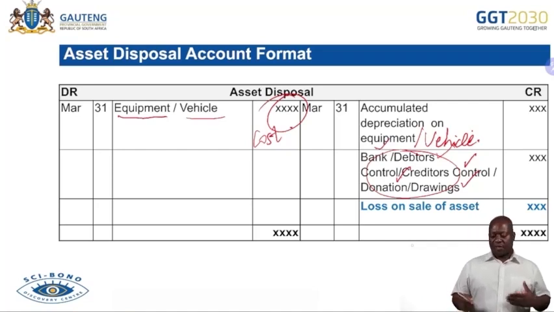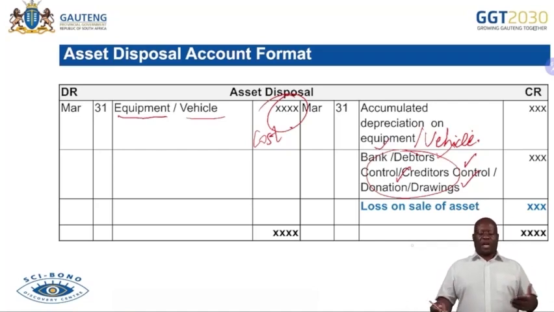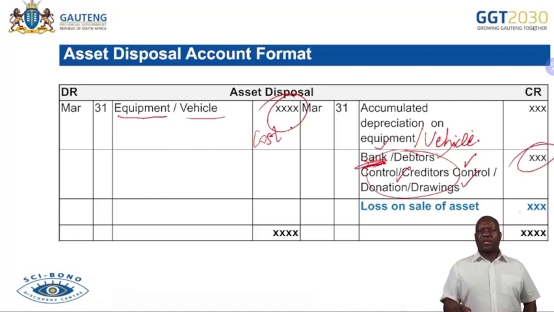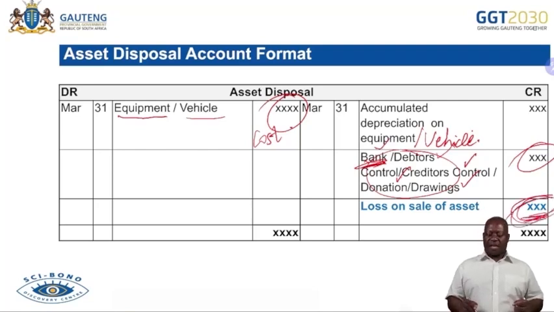In this case, they are saying we are disposing for cash. That's the reason why we simply pick bank. And in a case where we are not disposing the asset at carrying value, it means we are going to make either a profit or a loss. How do you know that it is a loss? If the balancing figure, because we always find it as a balancing figure, is on the credit side, it means it is a loss.